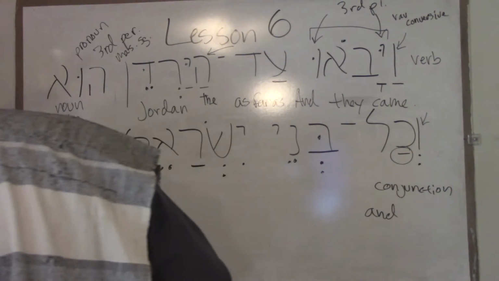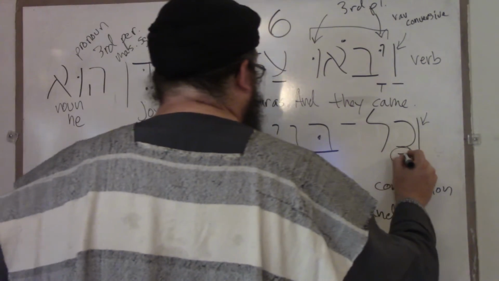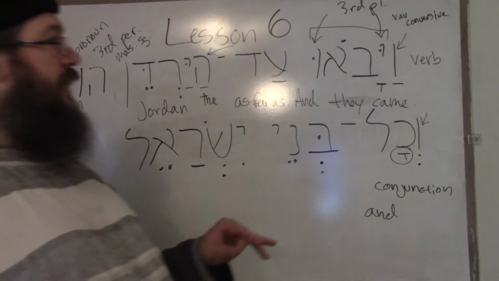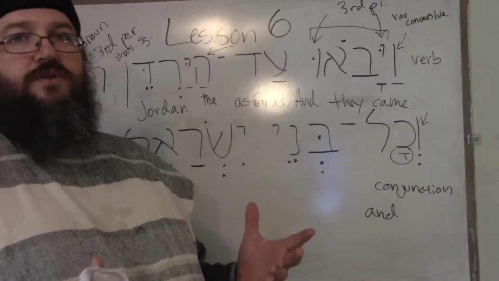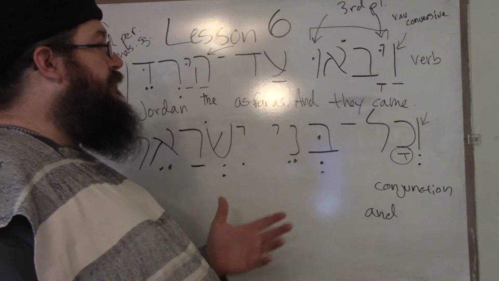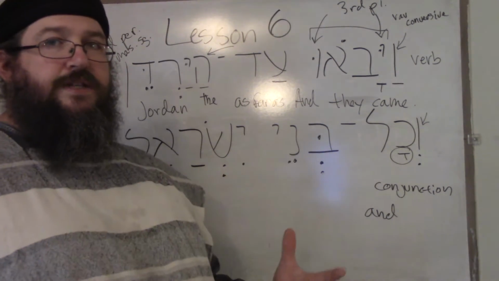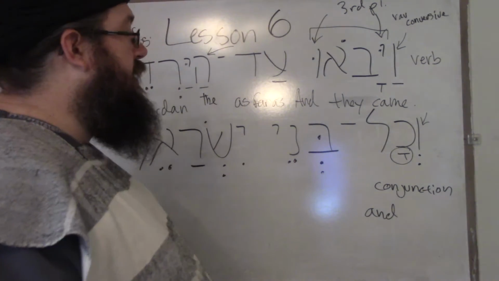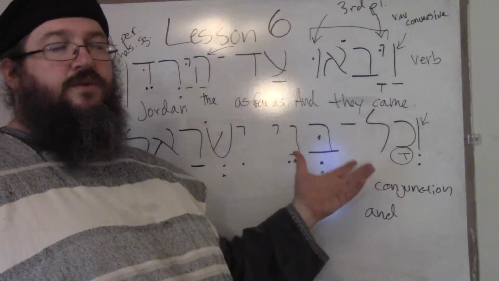And actually this was a kamatz, excuse me. As we see here with the kamatz, this is a very special thing we find here and there, by which the kamatz takes the o sound rather than the typical a sound that we'd see. And that's because there is no accent to it.